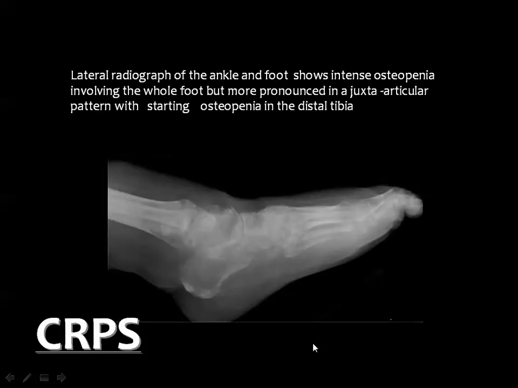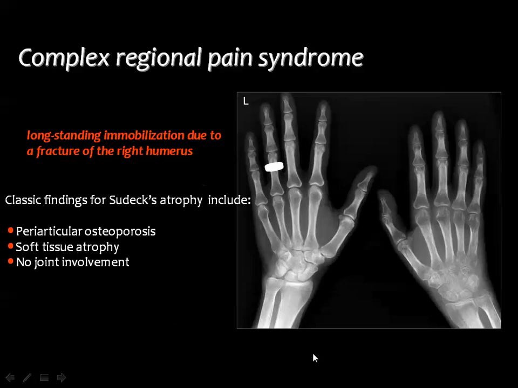And by the plain film, especially in advanced stages, you got marked decalcification of the bone with decreased bone density, which cannot be differentiated from disuse osteoporosis or even osteoporosis due to ischemia, for example. But it is, as I have mentioned, the clinical picture, which can easily differentiate.